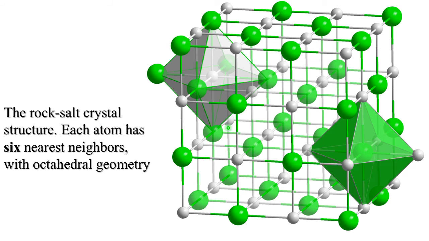We can look at it here. You can see that each sodium is surrounded in octahedral fashion by 6 chlorine atoms, and each chlorine atom is surrounded in exactly the same octahedral fashion by 6 sodium ions.